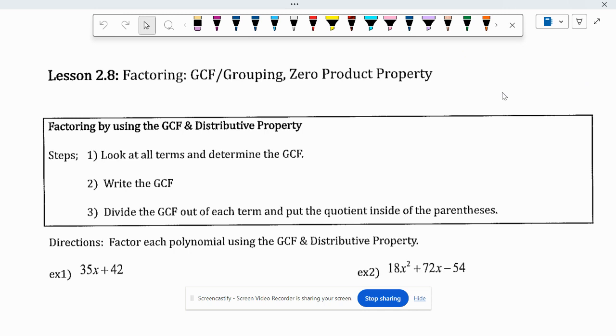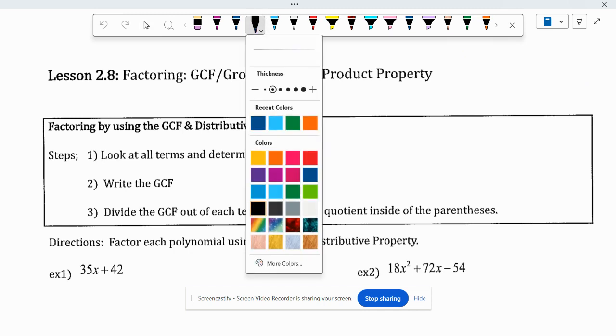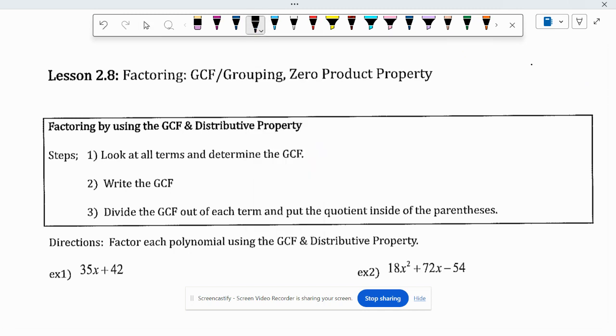So the first thing that I want to talk to you about is what exactly is a greatest common factor. So when you look at all the terms and you try to determine the greatest common factor, it's just going to be the largest number that divides all the terms.